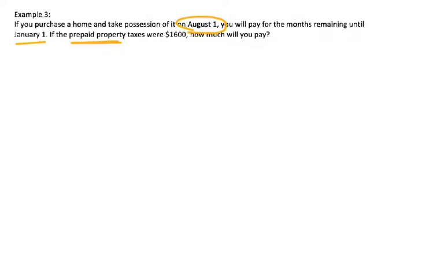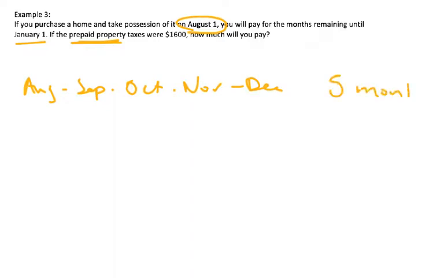Remember, the tax period for the property tax goes from January to December. So if you purchase it on August 1st, that means for August, September, October, November, and December, for 1, 2, 3, 4, 5 months, you will be responsible for the tax, okay? For the months up to July, the previous owner will be responsible for the tax.